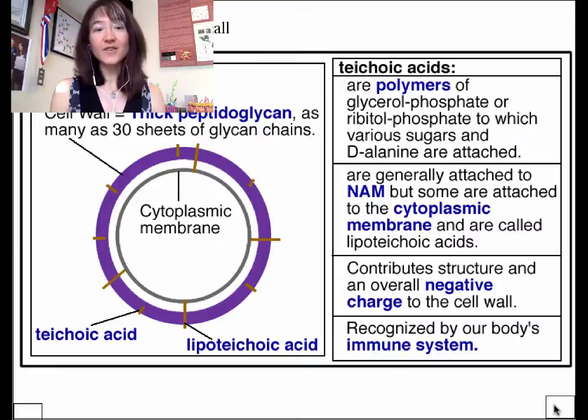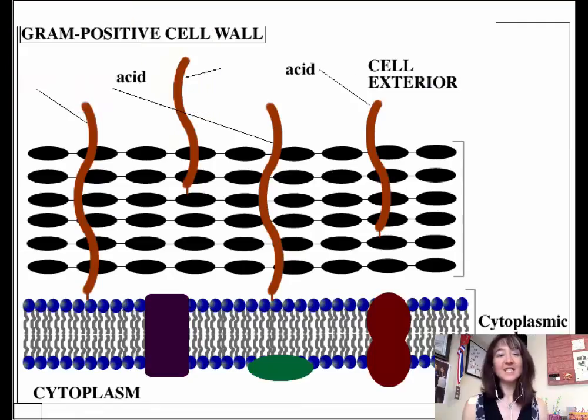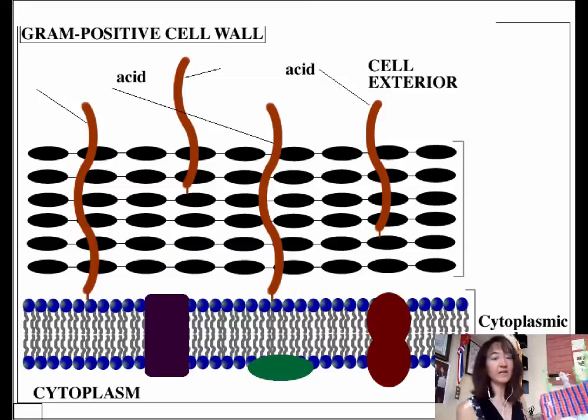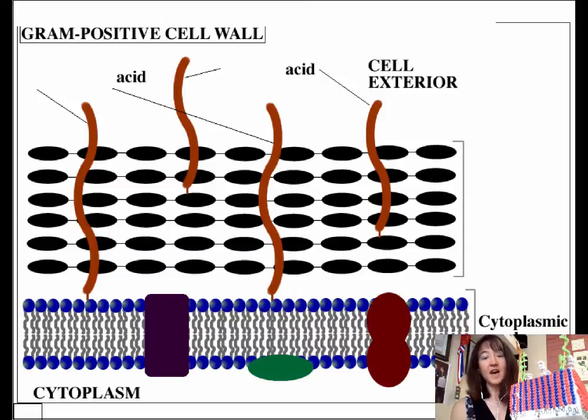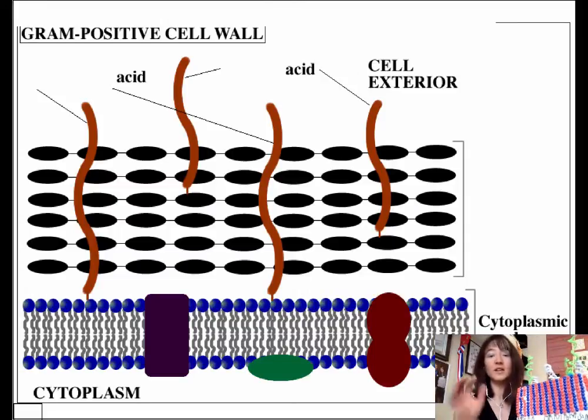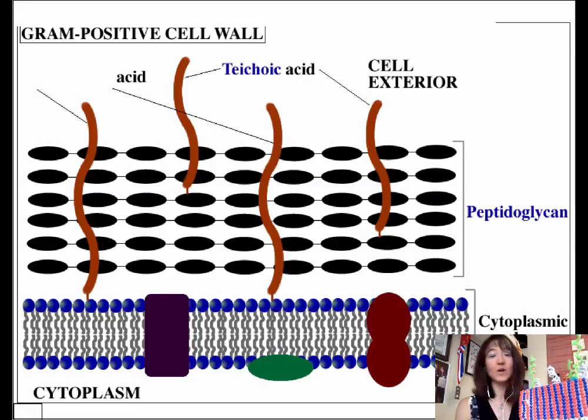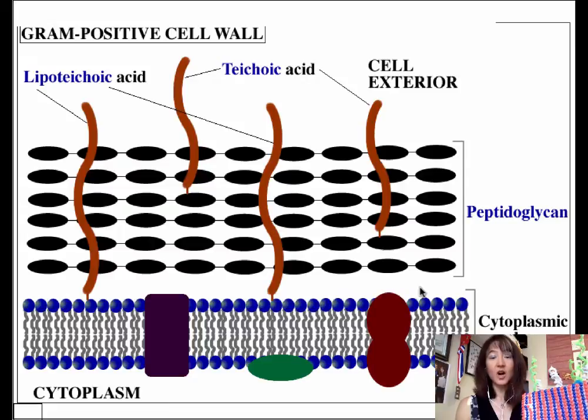Now, we can look at a different form of a picture, and in fact, this picture is maybe a little bit more like this model, where you can really start to see some of the layering in a more zoomed in way, and you can see the teichoic and lipoteichoic acids. Sometimes this is actually called a periplasmic space, even though formally gram-positives don't have a really large periplasmic space. You will sometimes see other proteins found in this region of a gram-positive.